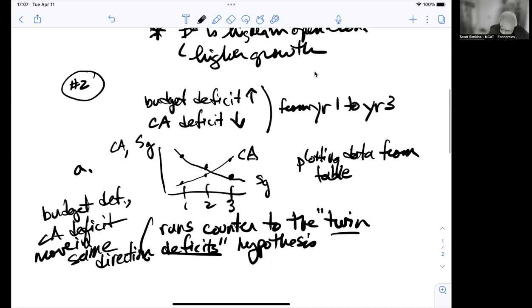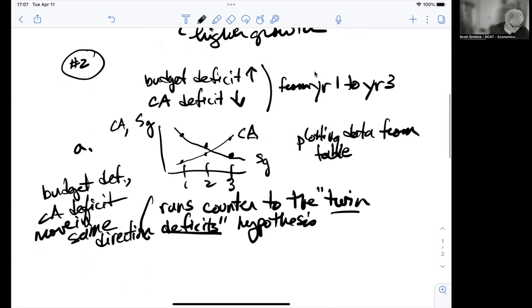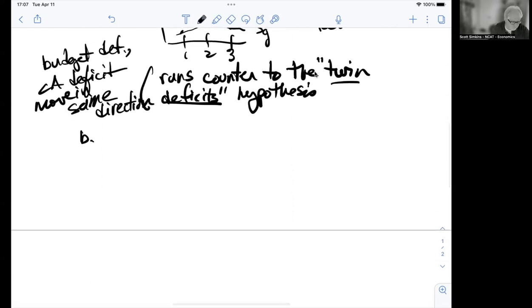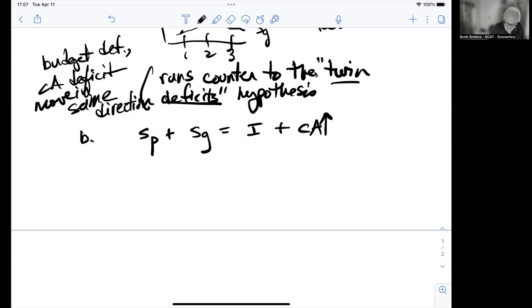So it's different than what we saw in the homework that we did. It's the opposite case. This is actual data from a set of years in the US. So this is not just made up data, but a real thing, all right? If we look at the uses of saving identity from earlier in the semester, in this example current account is increasing and saving by the government is decreasing.